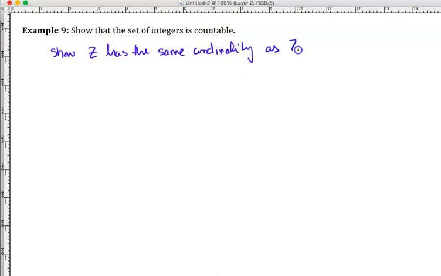To show that, we want to show that there's a one-to-one and onto correspondence between these two sets. So basically we need to have a function that goes from the set of positive integers to the set of integers that is a bijection.